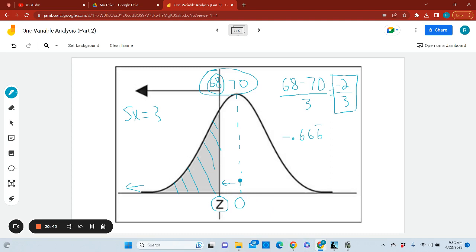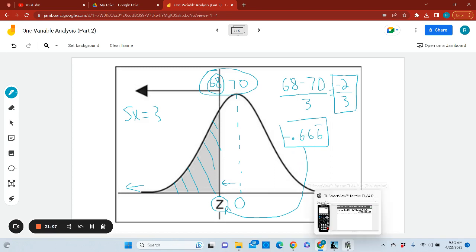But remember, I can get this same number with a z-score. So this z-score really belongs down here, right there. If a score of a 70 is 0 standard deviations above or below average, then a score of a 68 is 2/3 of a standard deviation above or below average, okay?